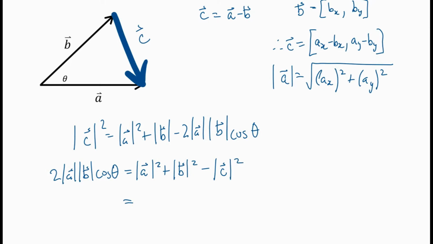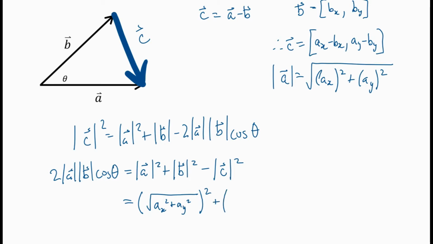I've got an expression for the magnitude of A, and similarly, I can do an expression for the magnitude of B and the magnitude of C. So this is the magnitude of A, which is the square root of AX squared plus AY squared, all squared. Whoops, it was the magnitude of A squared, so that's all squared.